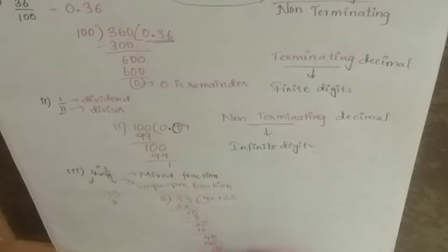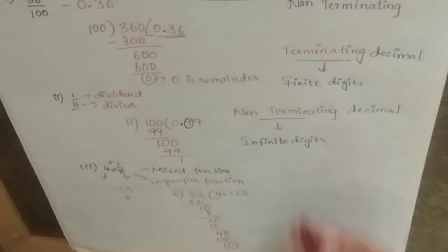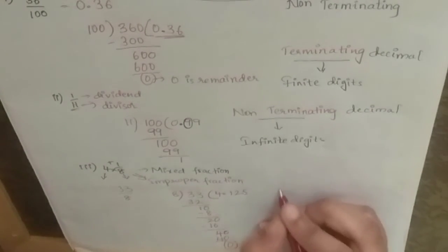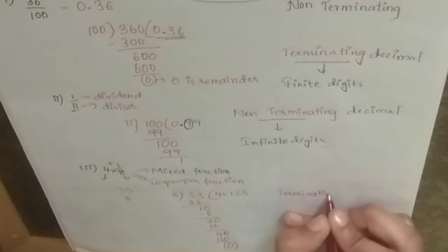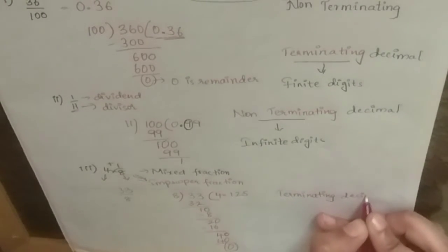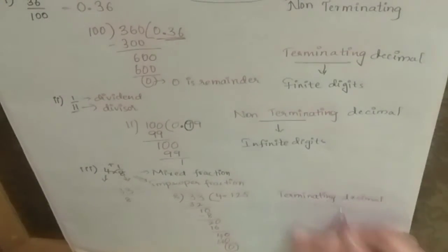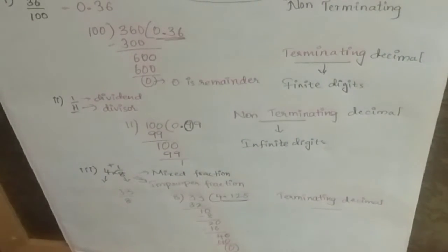Then 0. So therefore this number 4 1 by 8 is a terminating decimal. A terminating decimal stops after finitely many digits after the decimal point. So you can look there, again it is not getting repeated and it has stopped.